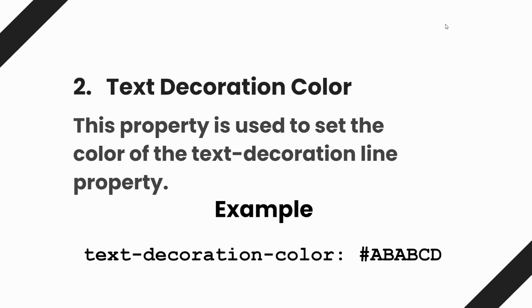From the example we have, you can see that we've assigned it a hexadecimal value of hashtag ABABCD, which is represented by a light gray color. We'll get to see more of this later on.